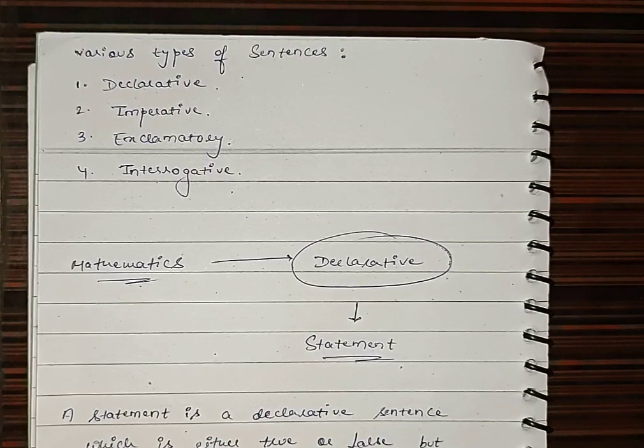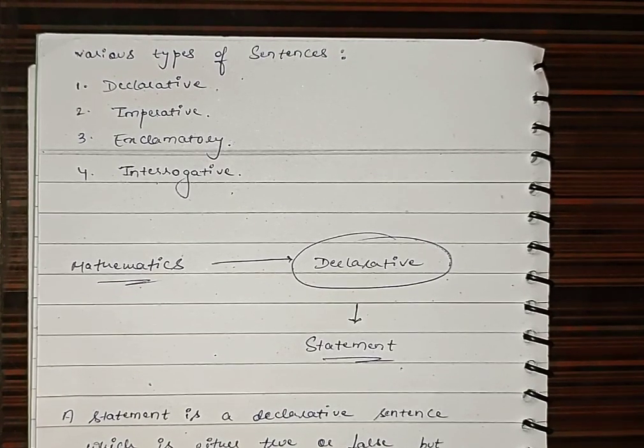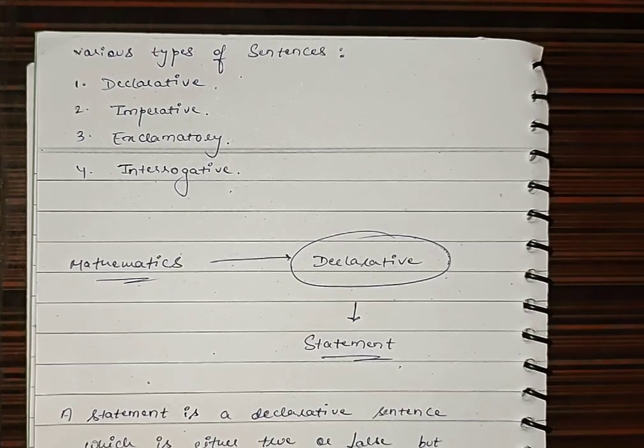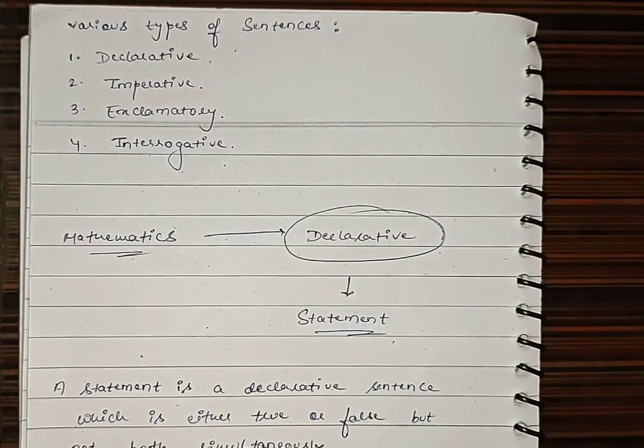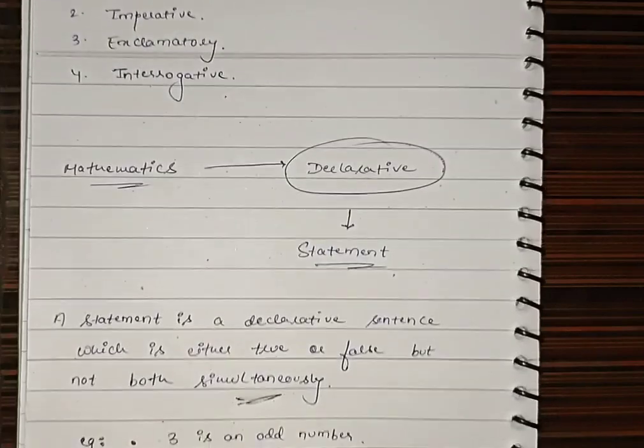The third type are exclamatory sentences, where emotions and excitement are concerned. The fourth type are interrogative sentences, where we are just asking a straightforward question.